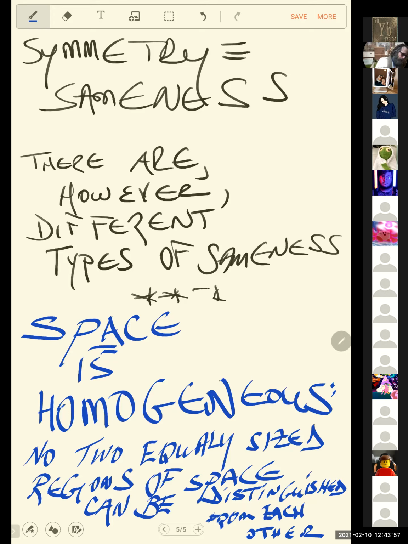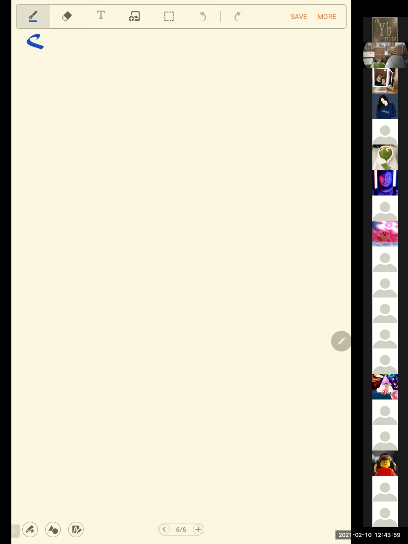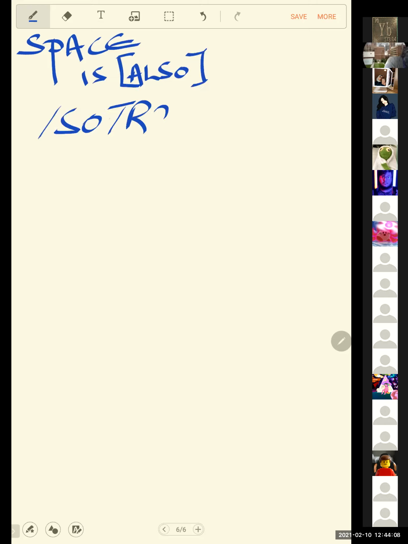On top of that, however, space is also isotropic. This is another kind of sameness. It's a different kind of sameness from homogeneity.